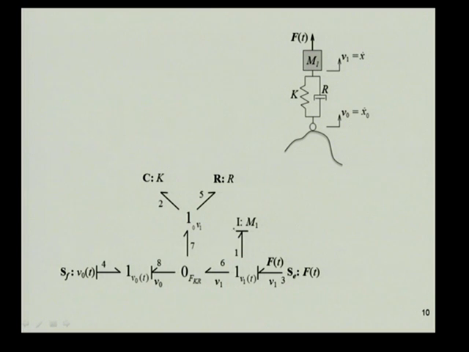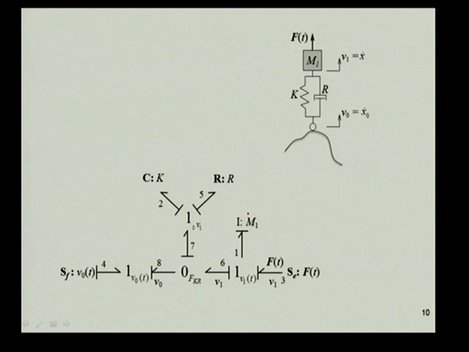Here we have this I element, and we are going to put a causal stroke here. Then, in order to respect the causality of this one junction, we are going to place the causal stroke here. We place the causal stroke here, and here, and here.